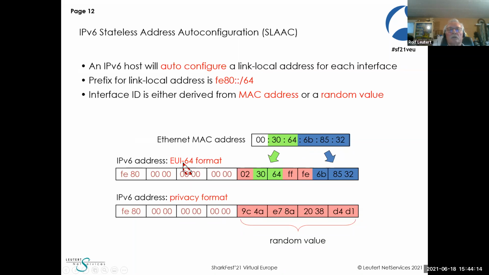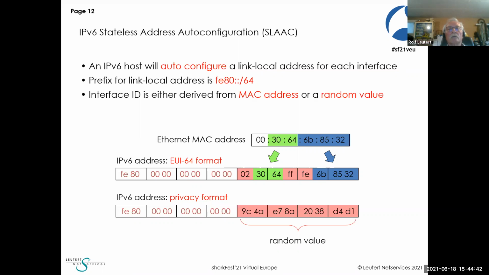So if it's an EUI or if it's a privacy address, the privacy format by now is the default for all operating systems. They started mostly with the EUI. But today it's privacy. On the back side of my card, you can see the commands to switch from privacy to random and so on, if you want to change this.